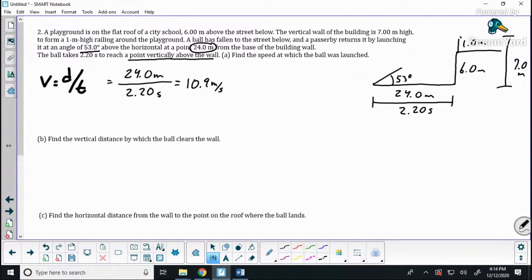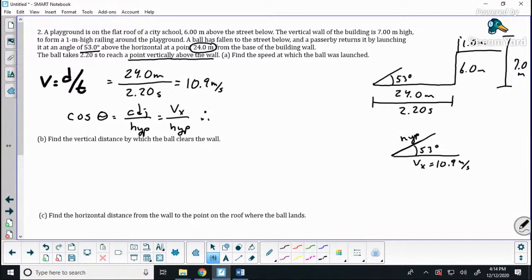But that is along the x-axis. So I'm going to redraw this with an angle of 53 degrees, and I know that the velocity on the x is 10.9 meters per second. What I'm trying to solve for is that hypotenuse, and I know that cosine of theta equals adjacent over hypotenuse, but that adjacent is my velocity in the x.